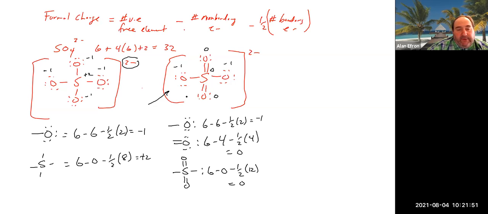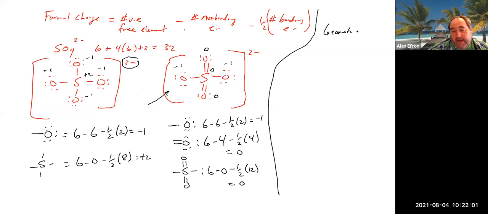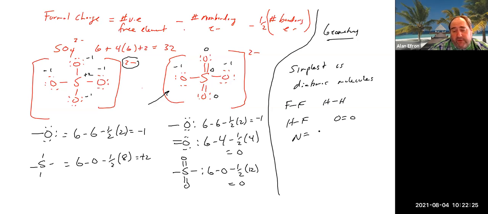This sort of led us into geometry. In terms of geometry, we talked about certain types of geometry, but the simplest geometry that we talked about is our diatomic molecules. Those can be molecules that only have two atoms, like F2, H2, or different atoms like HF, with double bonds or triple bonds.